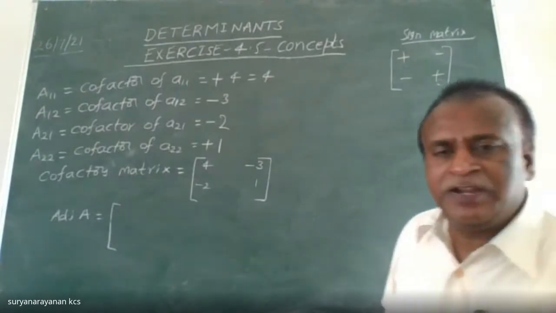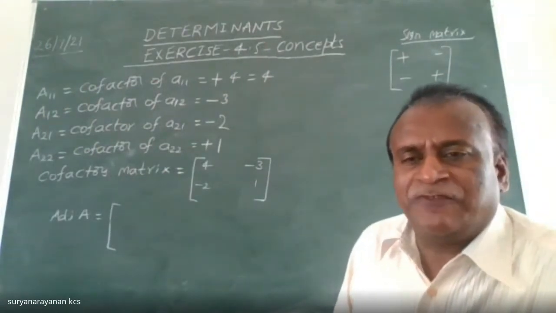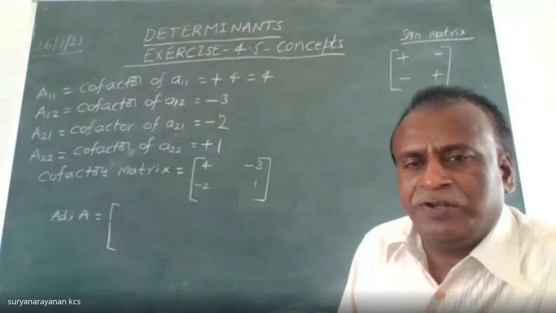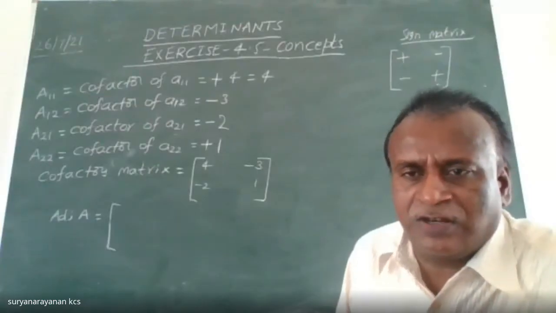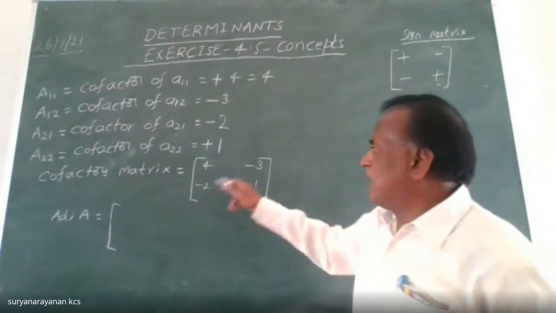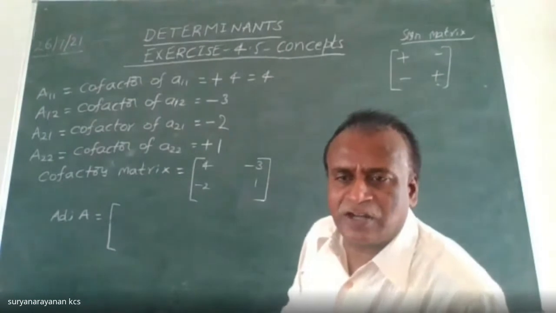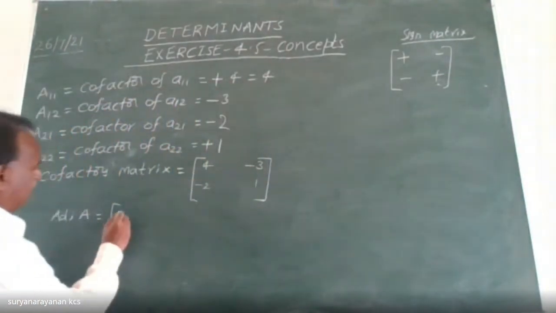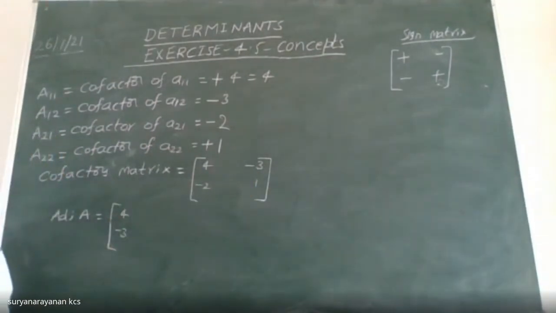What is meant by the transpose of a matrix? How do you get the transpose of a matrix? Interchanging the rows and columns. Yes, we have to change rows as columns. You write the first row as the first column, second row as the second column. Automatically, you get the transpose. So 4, minus 3, this is the first row, I am writing as the first column.